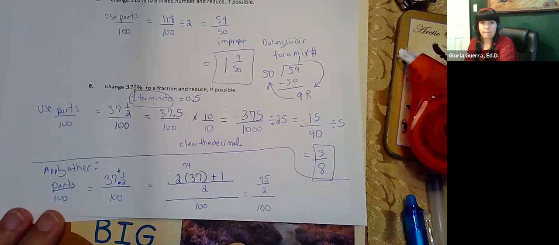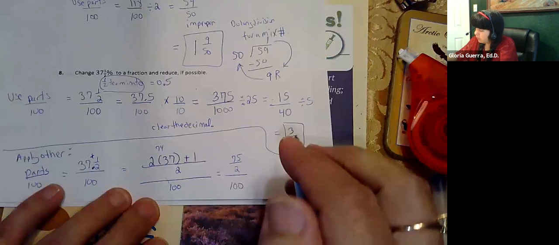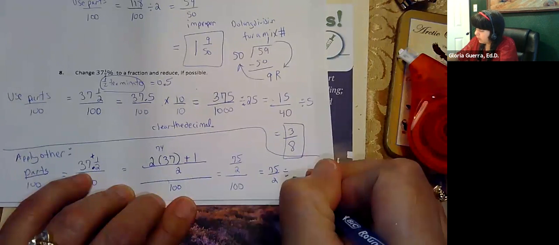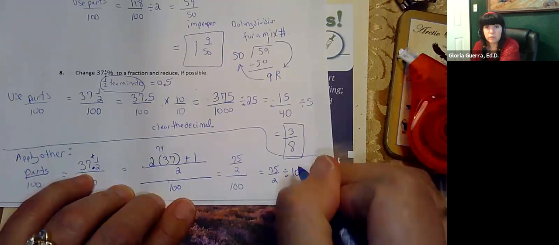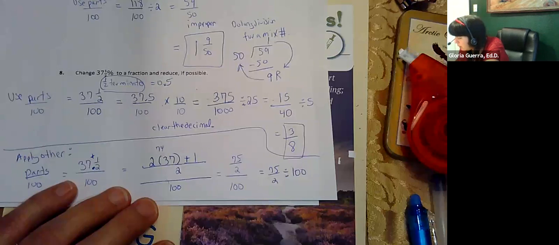Okay. And this means 75 over 2 divided by 100 over 1. And then, see, I'm supposed to get the same thing back. So I'm just going to have to keep reducing that.